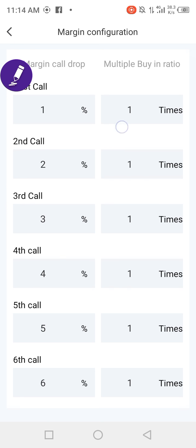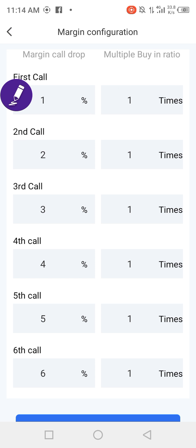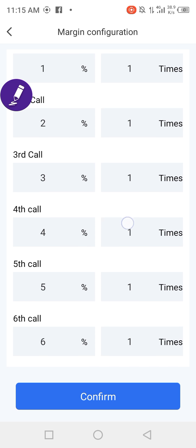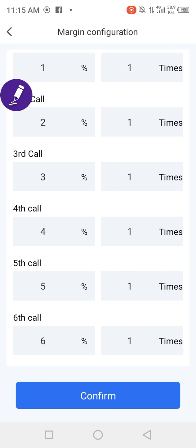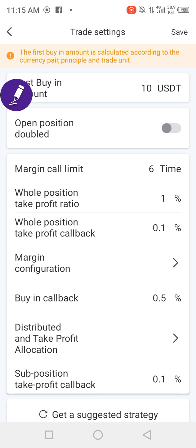You might decide to increase this one to 1 point something, 1.2, 1.3, 1.4, 1.5, 2, depending on your capital. You must have made calculations of the amount you're using to trade. Then after setting up this configuration this way, you confirm it.